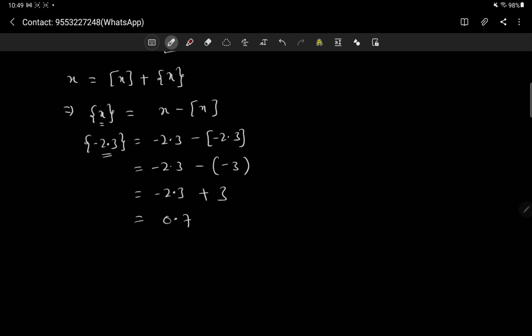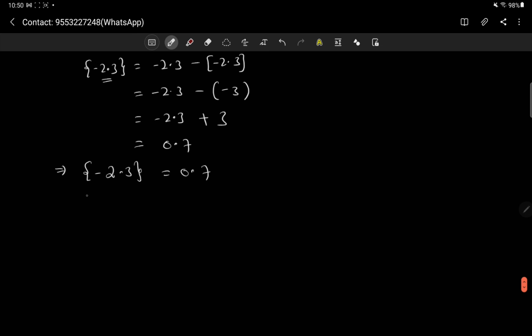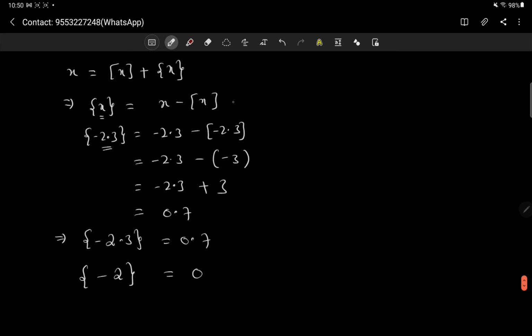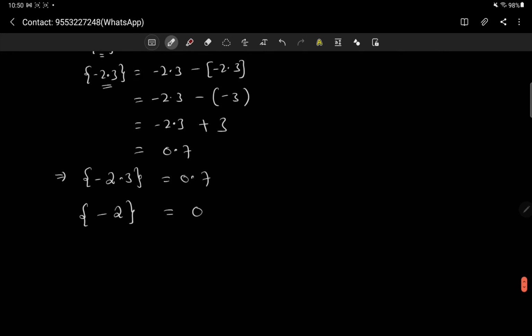Okay, so therefore the fractional part of minus 2.3 is what? 0.7, right? In the same way, I am giving some fractional parts. The fractional part of some integers: you don't have a fractional part, you write 0. Or you follow this, anyway you will get the result as 0.